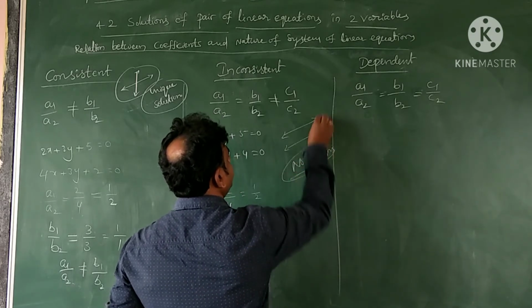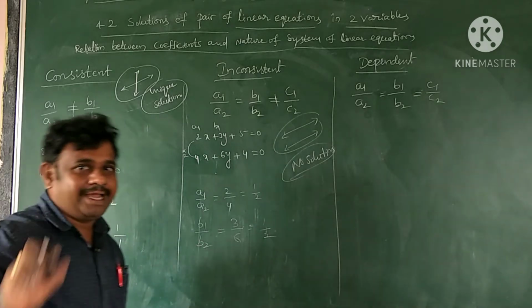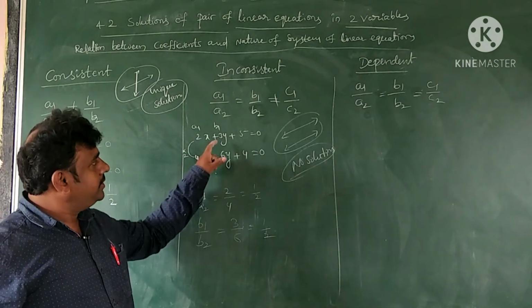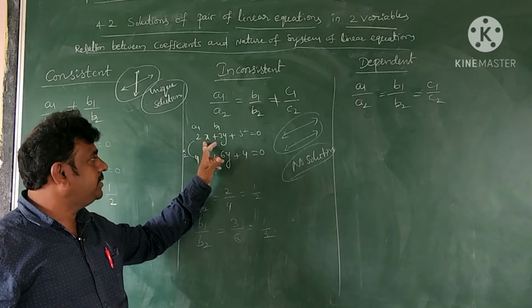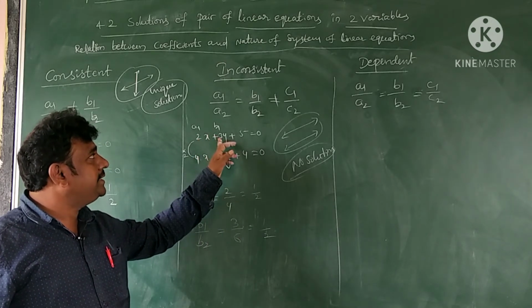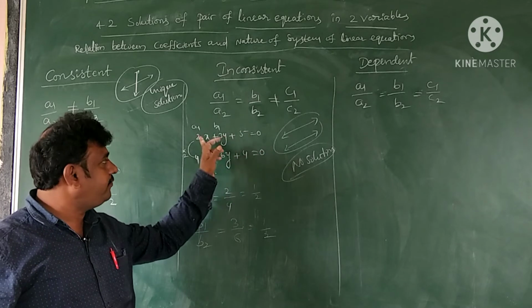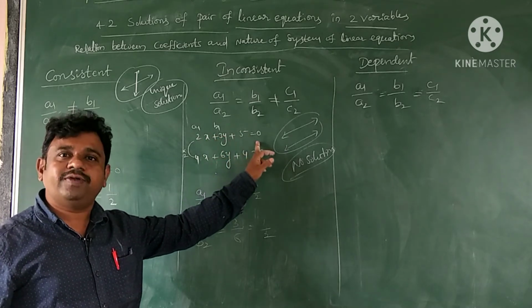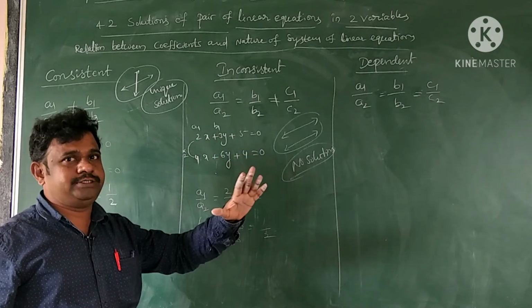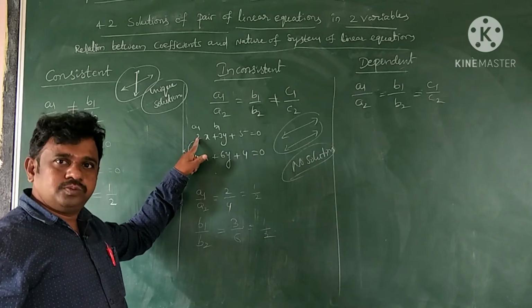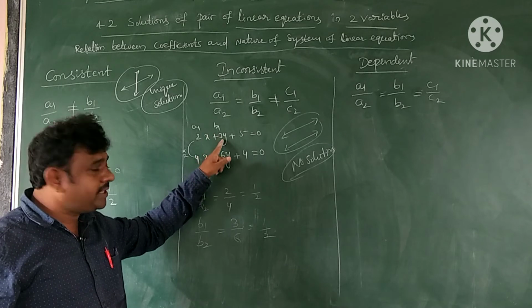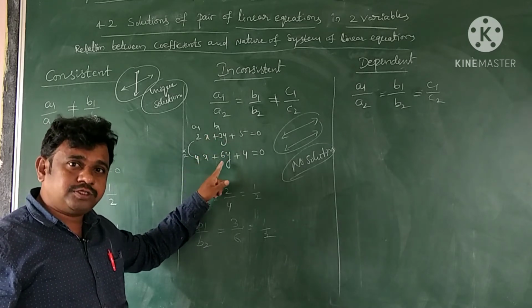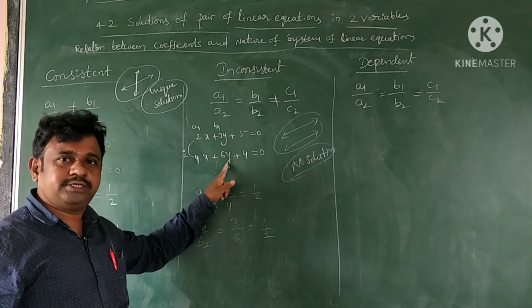But how can we write it? If a question comes in the examination, what is an inconsistent equation for 2x plus 3y plus 5 equal to 0? Simple, students. 2 2s are 4, then we must also multiply 3 by 2, 3 2s are 6.